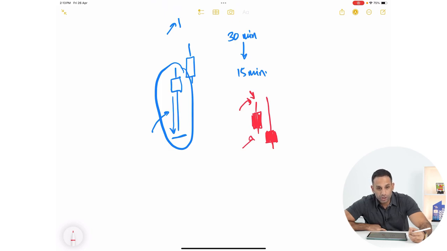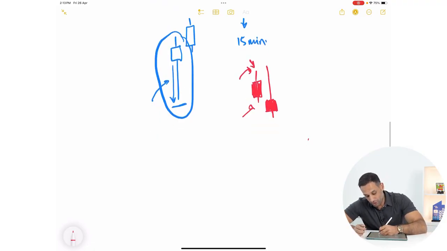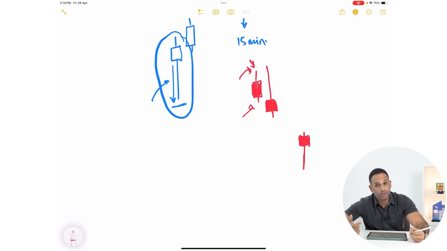An exhaustion candle is a candle where you have a wick to the downside, where it's exhausting, and the wick is bigger than the candle. That's an exhaustion candle.